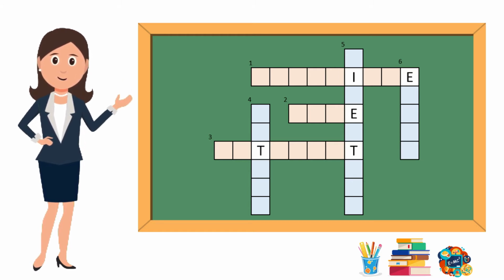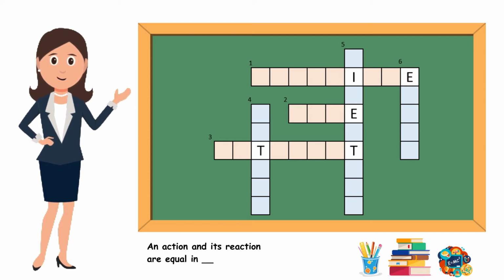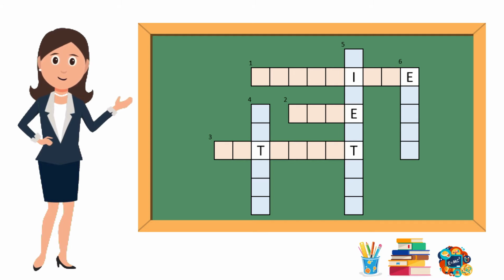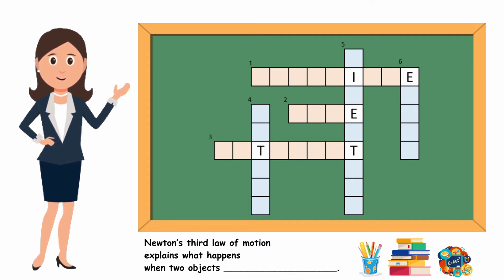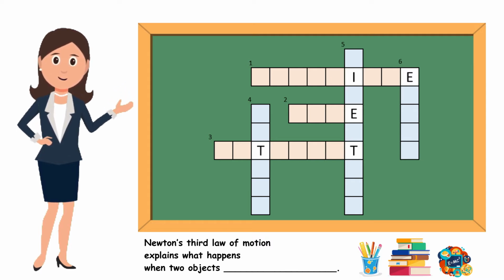Number 2, across. An action and its reaction are equal in. Number 3, across. Newton's third law of motion explains what happens when two objects.